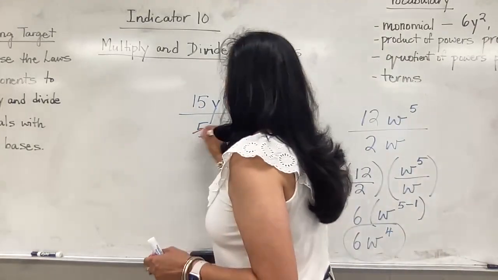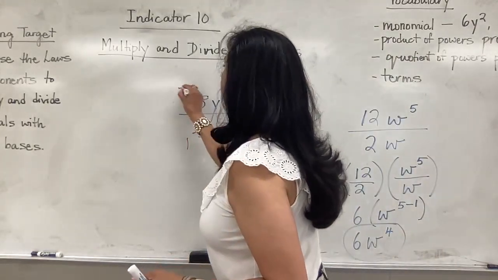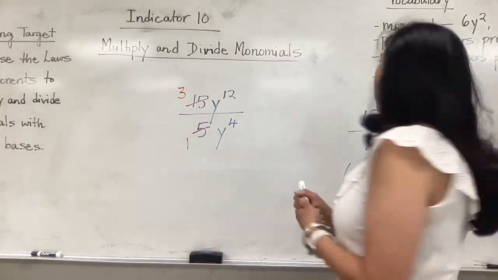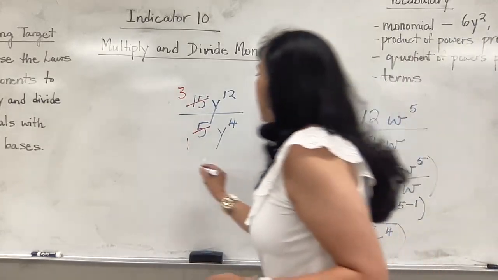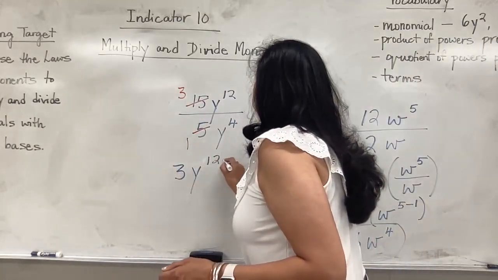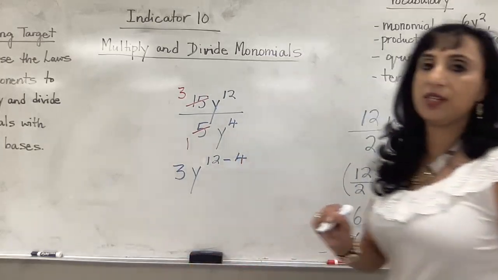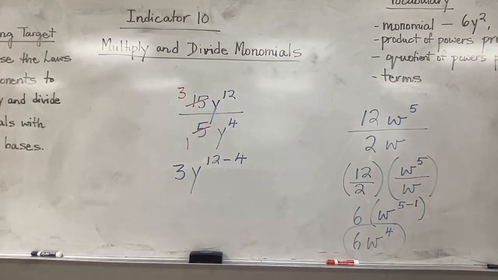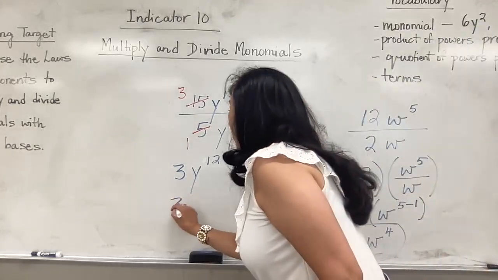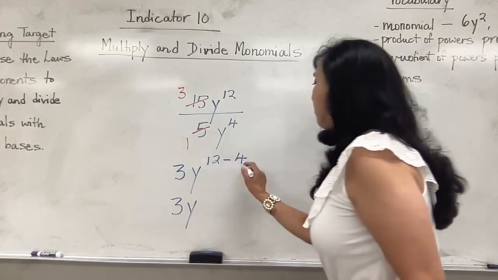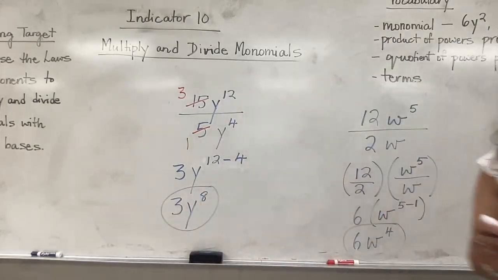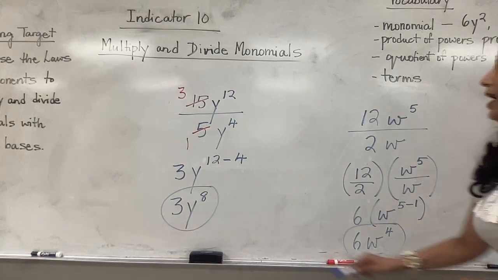So this becomes 1 and this becomes 3, right? And then I use the quotient of powers property, which is 3y to the 12 minus 4. Since it's division, we are going to subtract the exponent over here. And so I get 3y to the 12 minus 4, which is 8. So 3y to the 8th power is my final answer.